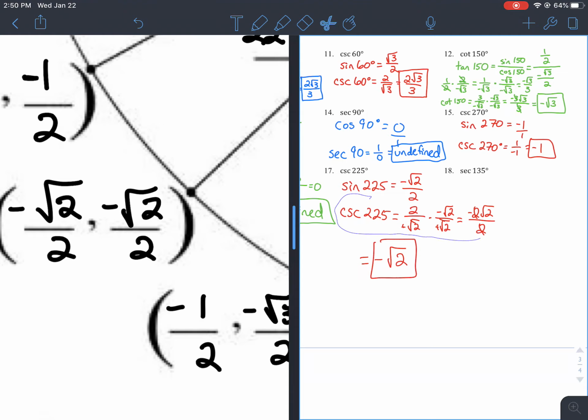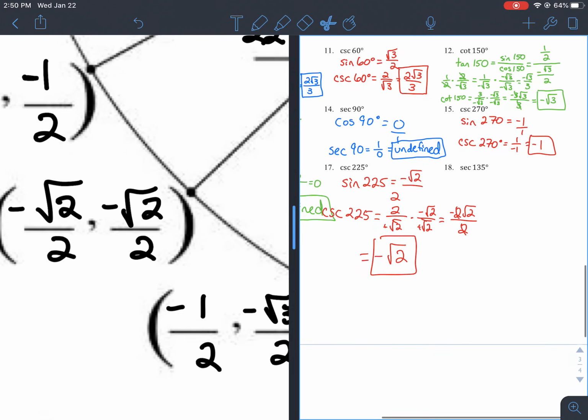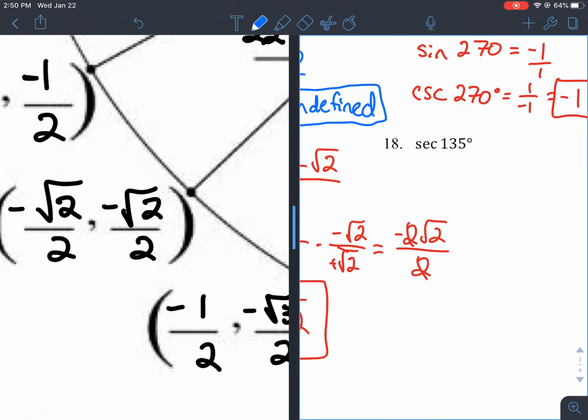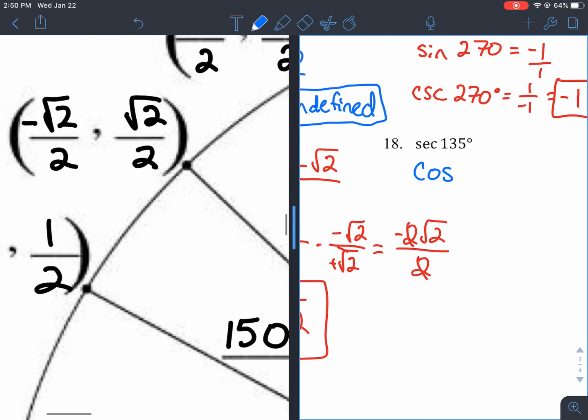Now, lastly will be the secant problem. Secant gets paired with cosine. So the cosine of 135 is the x value at 135.